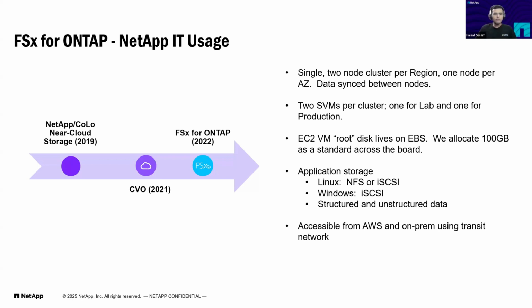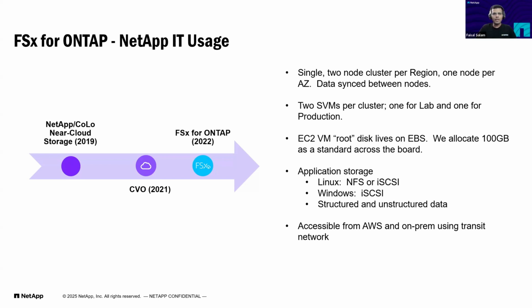Now, why did we make the switch from NPS to CVO? NPS was on premises, and we were responsible for all the storage and network deployments, the lifecycle management, ONTAP upgrades, and all of that. With CVO, with a few clicks, we were able to stand up instances very quickly and deploy virtual instances of ONTAP in the cloud.